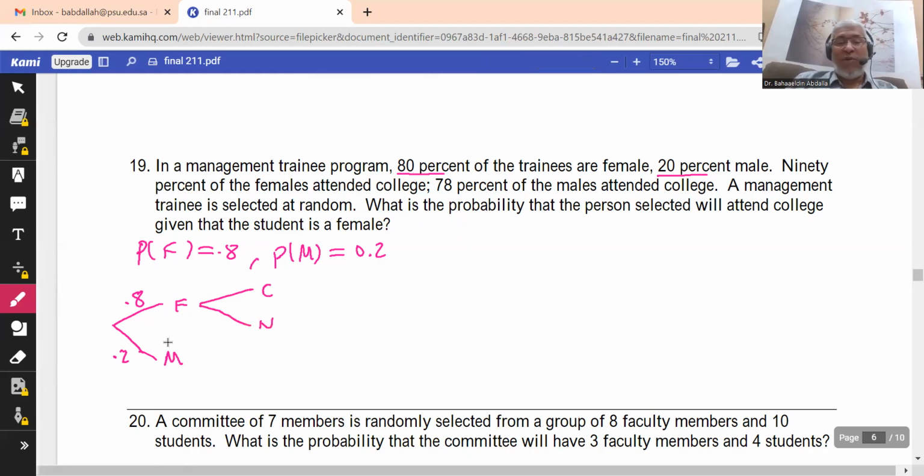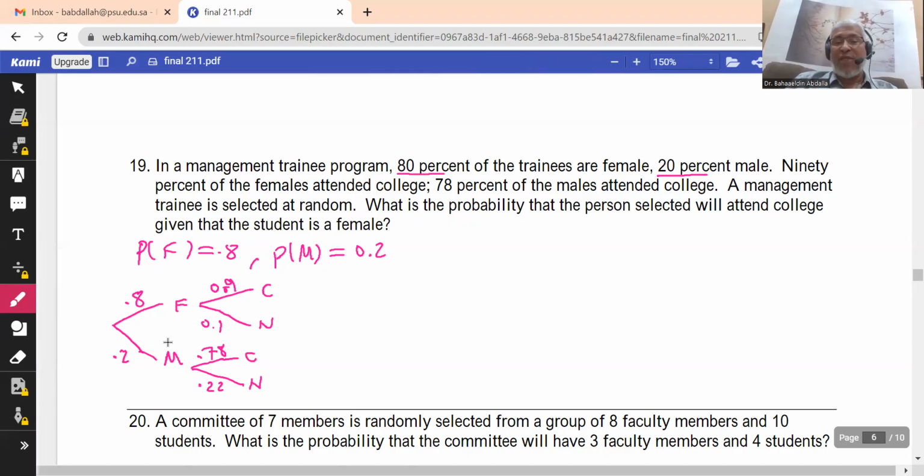Probability that she attended college is 0.9, and this would be 0.1. From the males, also either he attended college or not. 0.78 of the males attended college, and this one would be 0.22, 1 minus 0.78, those males who did not attend college.